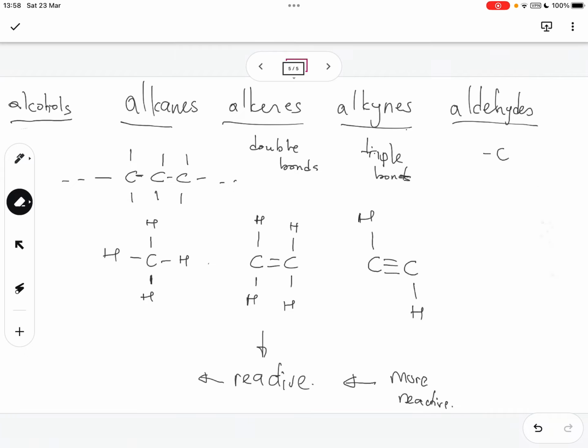So the oxygen is double bonded to the carbon. Yeah, so you'd have your chain there, and then carbon double bonded to oxygen and then a hydrogen. Let's say you have another carbon there. Then if it is an aldehyde, you'll have this functional group there.